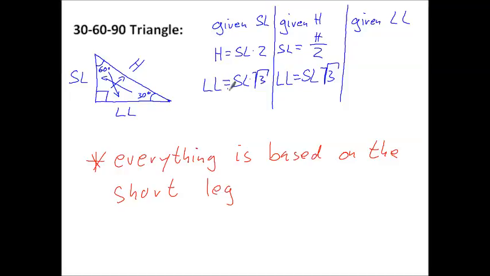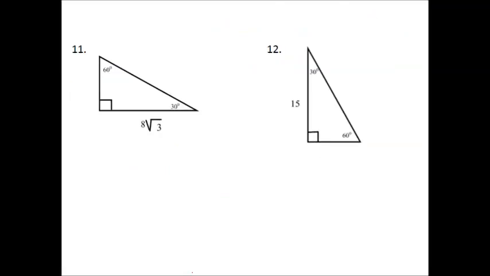If the long leg is equal to the short leg times the square root of 3, then the short leg is of course equal to the long leg divided by the square root of 3. And now that we have the short leg, we will again find our hypotenuse by taking the short leg and multiplying it by 2.